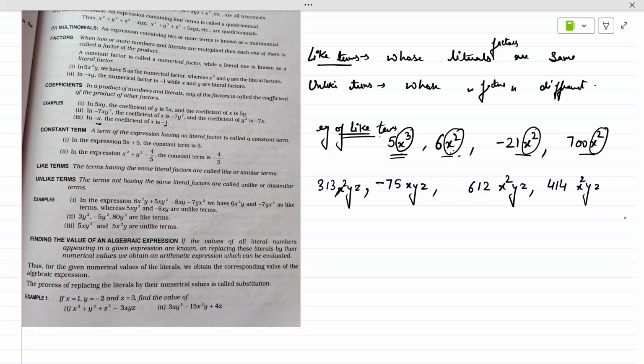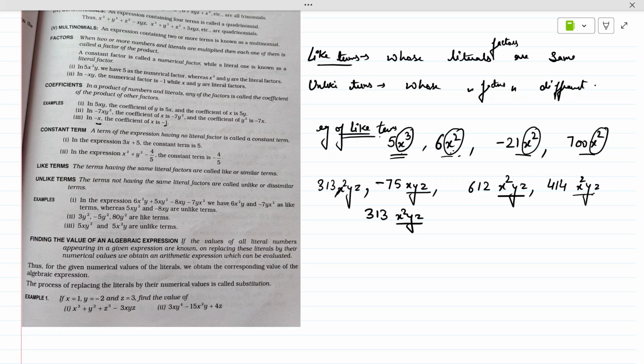When we see all these terms, we have x, y, z in all of them, but the factors are different. In the first term, the factors are x square yz. In the second term, we have only x, y, z. We do not have x square, so that means these two are different, right? In the third one also, we have x square yz, which is same.